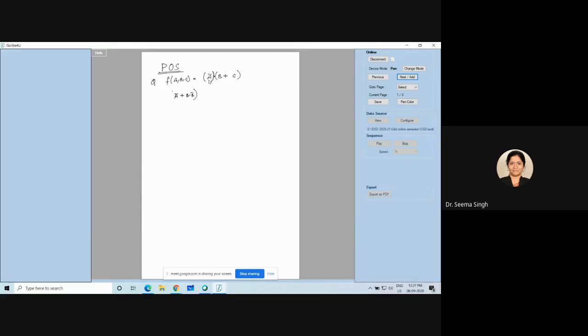Did I do any change? B dot B bar is a 0, and a 0 ORed with any variable is that variable only. So when I'm ORing it with B dot B bar, I am not changing anything, right?